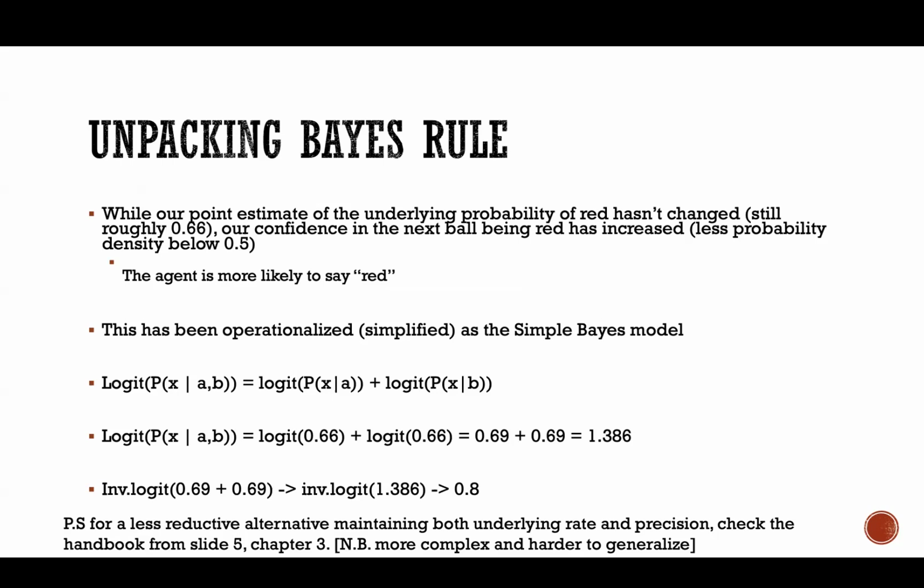Shouldn't we get 1.38? I guess there are some decimals. Yes, I think I simplified this to a decimal. Then we do the inverse logit in order to get the probability in the posterior. The inverse logit of 1.386 is 0.8.